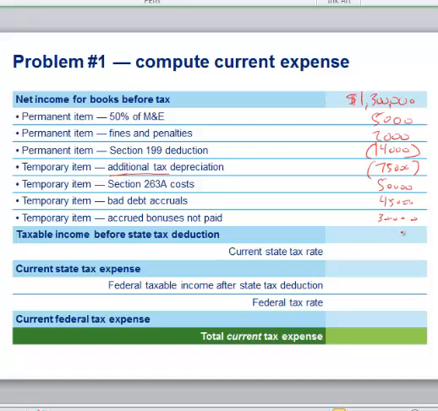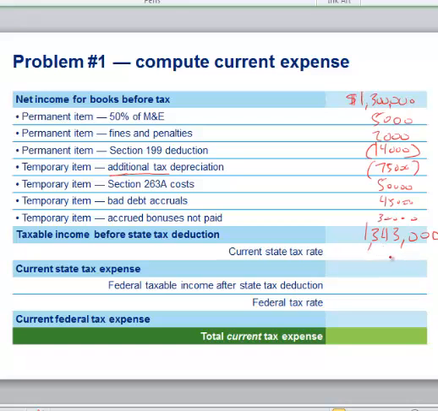Okay, so if I add all those numbers up, I got 1,343. Okay, that's my taxable income before state tax deduction, right?